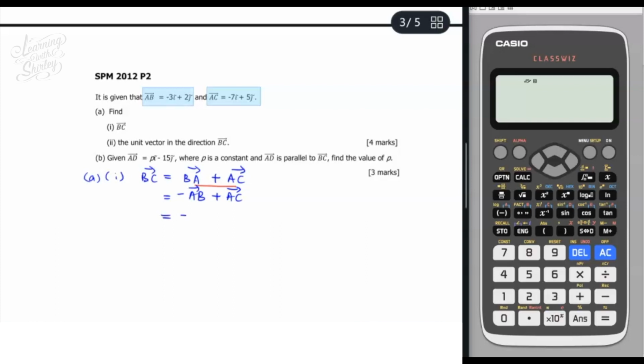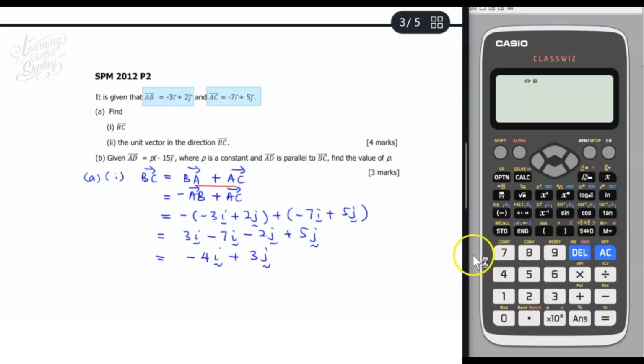So equals negative of (negative 3i plus 2j), plus (negative 7i plus 5j). So this is 3i minus 7i, then minus 2j plus 5j. So this will be negative 4i plus 3j. This is our answer for BC.